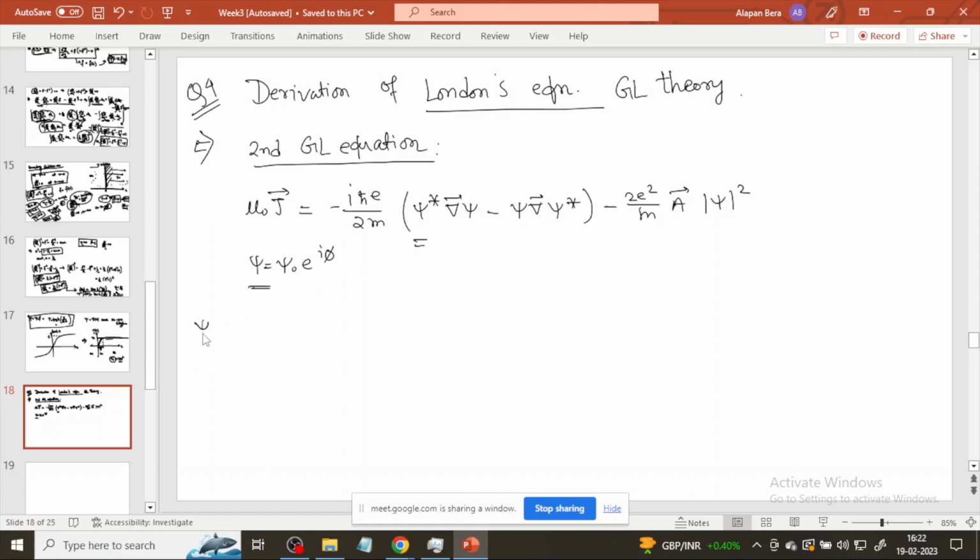So then psi star del psi minus psi grad psi star is written as this. We already have done this, so I am just writing it here.